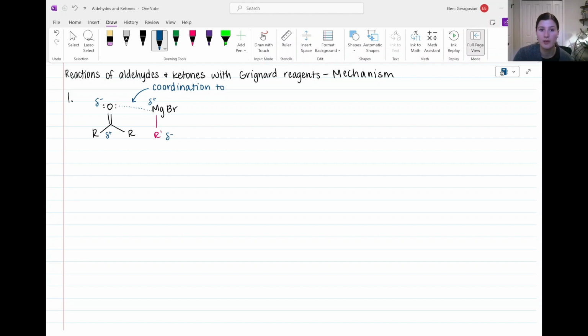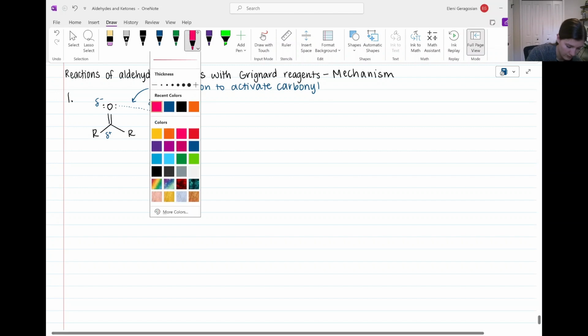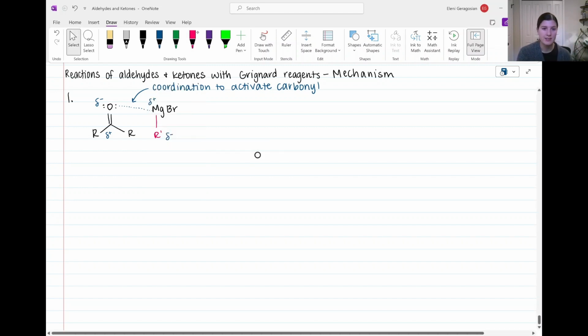And just like when we had lithium present, so we saw this with the reduction reactions, having the oxygen coordinated to a metal will activate the carbonyl, very similar to protonating that carbonyl oxygen. Okay, so we've activated the carbonyl.